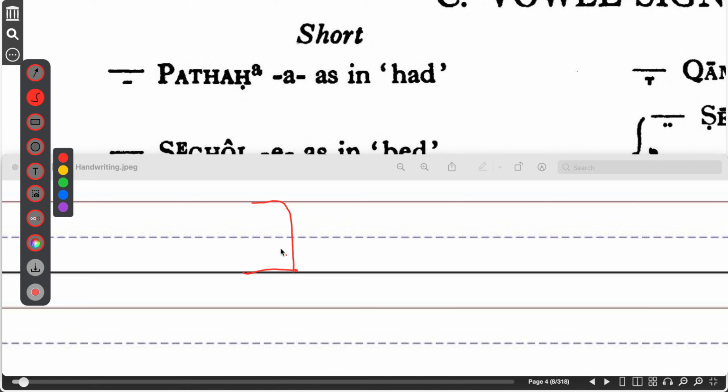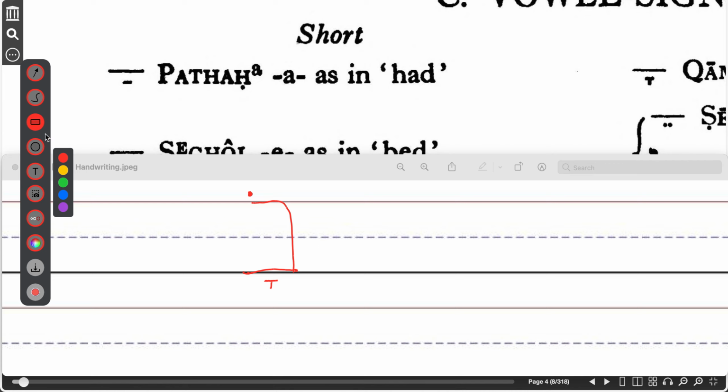It's not the best. I could put the dot in there or not, but I could do it like this. Just a slash mark underneath that. That's the pathak. I could make it kamats like that. I could make the holam be like that. So you see how I'm doing this.